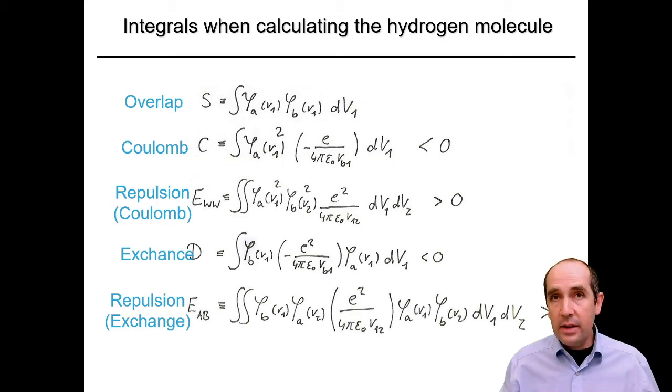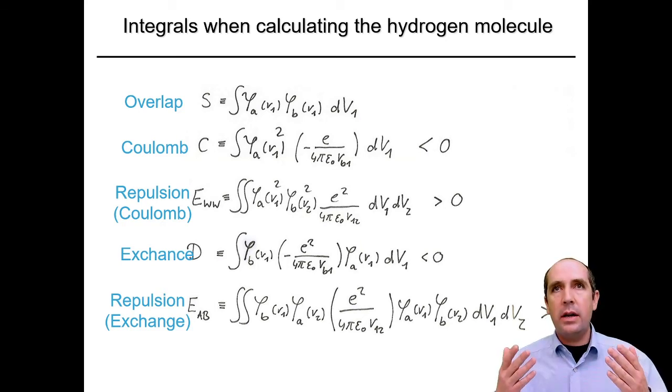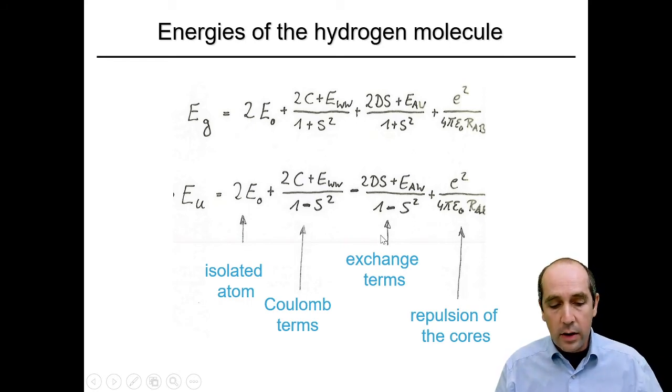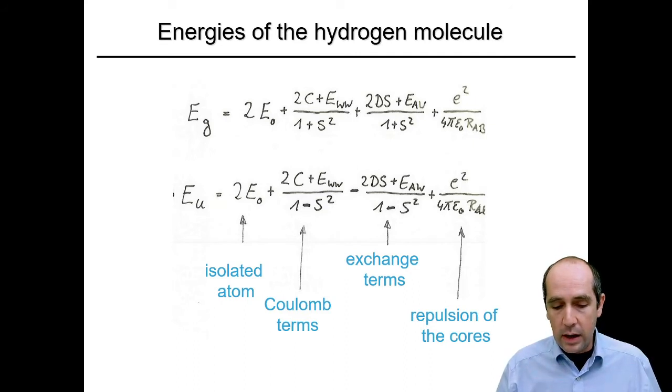So this is actually one of the main contributions to differentiate the energy of the bonding and anti-bonding states, which are shown here. This sign changes between the energy of one and the other, and essentially this is what makes the difference between the two cases, and what lowers the total energy of the bonding state with respect to the anti-bonding.